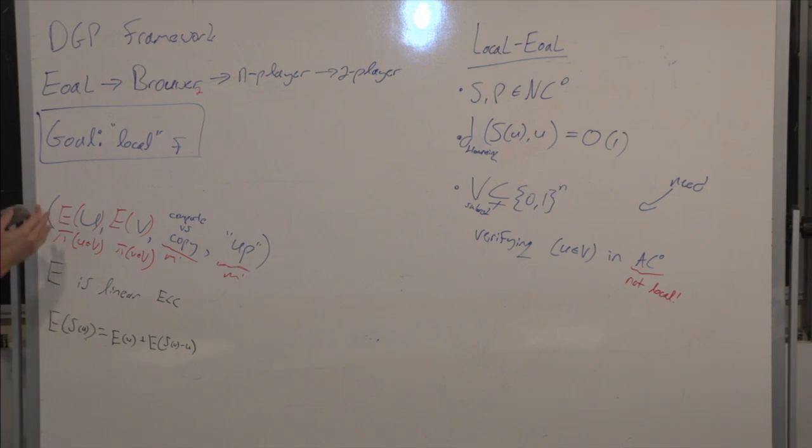With this PCP, I can locally verify that the V is actually in the AC0 circuit, what we want it to be.